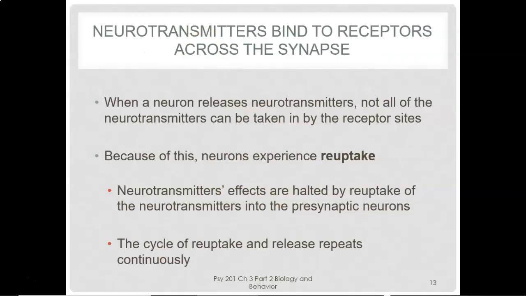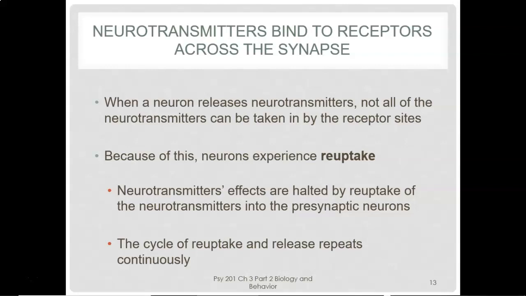So, when a neuron releases neurotransmitters, not all of the neurotransmitters can be taken in by the receptor sites. Because of this, neurons experience reuptake. And we just looked at the reuptake process. It's basically a recycling process.